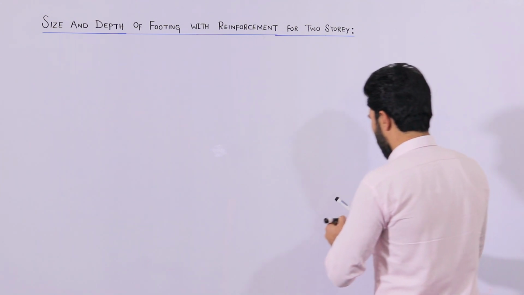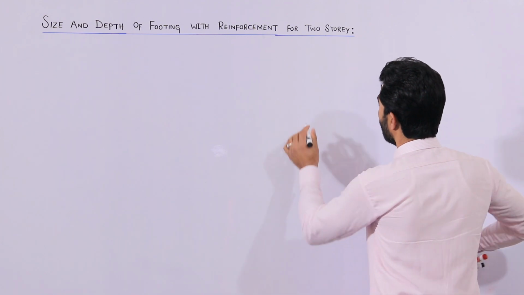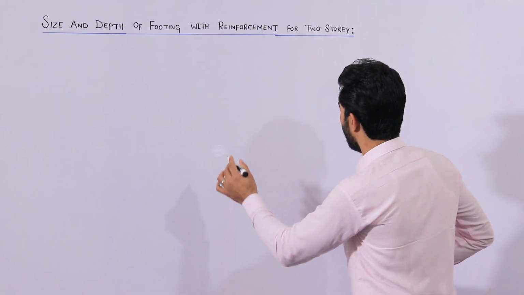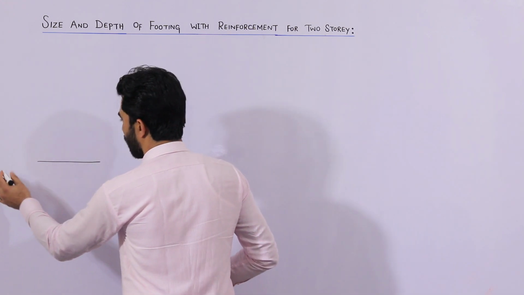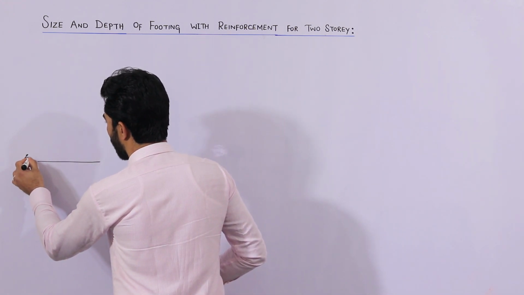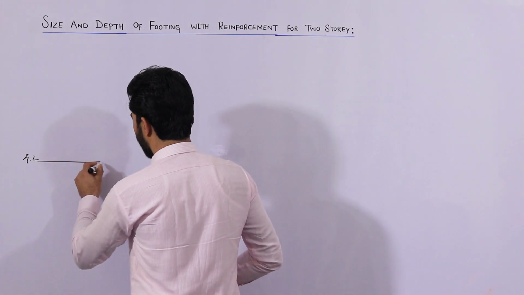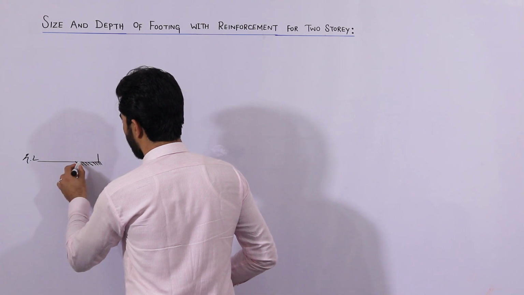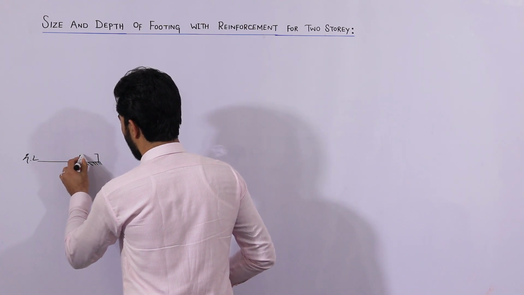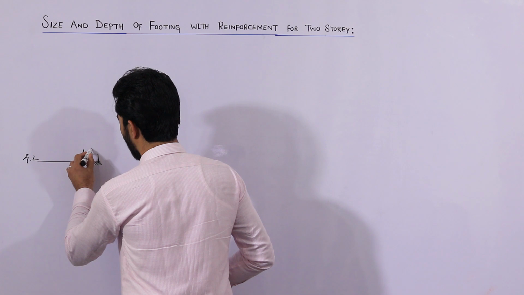Remember guys, this is the size of footing for two-story, G plus 1. It means, as you can see, this is ground level. So here this is its footing.